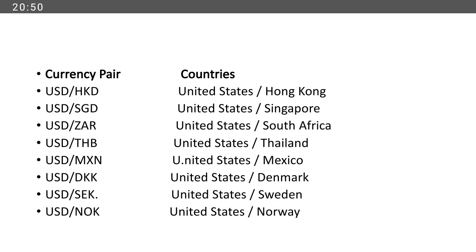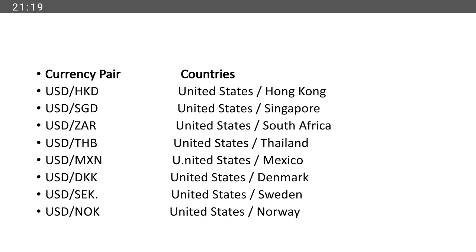Now, look at the currency pairs. You see them, US dollar, HKD. What's HKD? Hong Kong. United States, Hong Kong. US dollar, SGD. United States, Singapore. US dollar, ZAR. United States, South Africa. So South Africa, they spend ZAR.